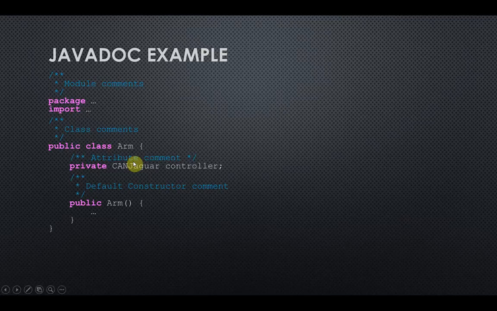Then for every attribute in the class, we put a comment at the beginning of that attribute. Remember earlier I stated we always want to declare one attribute per line, so we can put a line above it that has the Javadoc comment. If it doesn't fit in one line, that's fine. These Javadoc comments are multi-line comments, so you can span it. You can see by tradition, I usually align the asterisks in our multi-line comments.